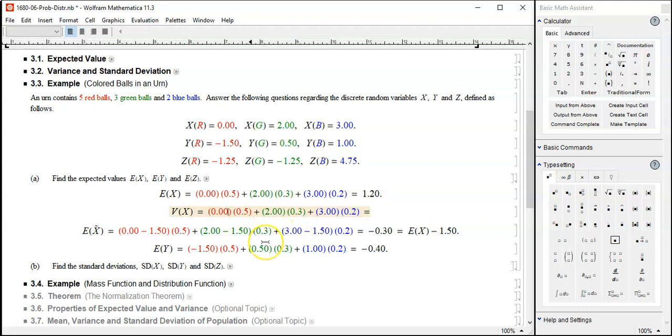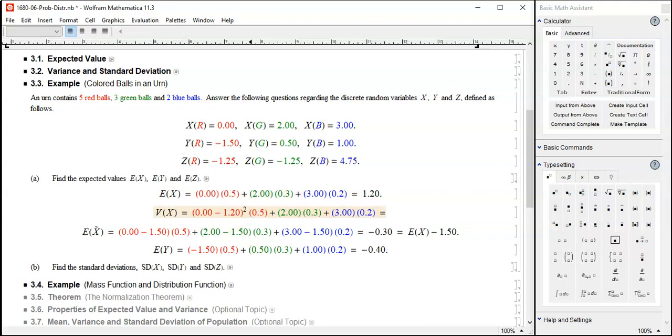And here we need deviation squared: output minus expected value, and we have to square it. Minus expected value squared, minus expected value squared, and if you calculate all this, you're going to get the variance.